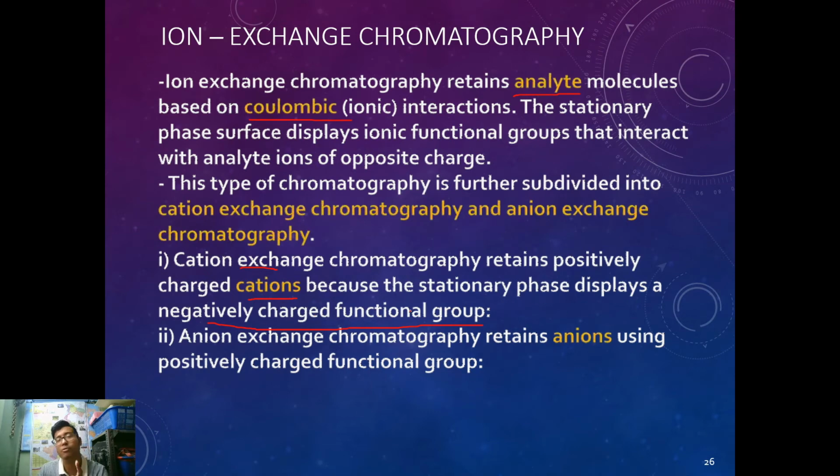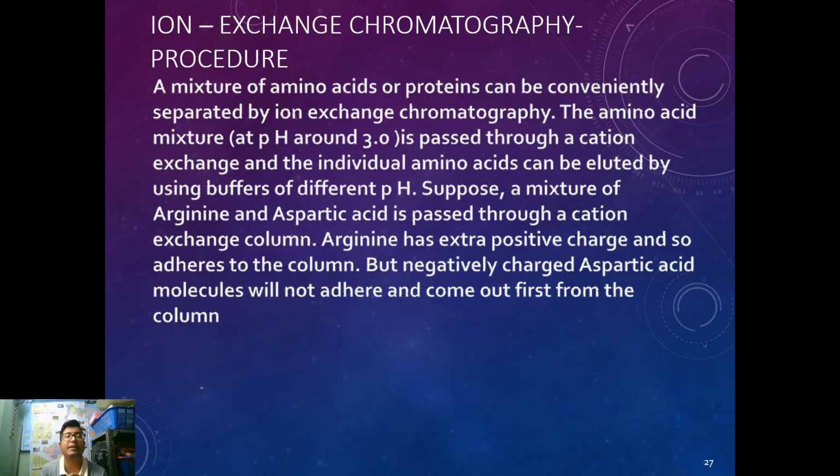You need to remember only one. If you try to remember both and end up confused, then it's of no use. So remember, cation exchange resins have a negatively charged functional group, therefore cations are more attracted to them. Likewise, anion exchange chromatography retains anions using a positively charged functional group.